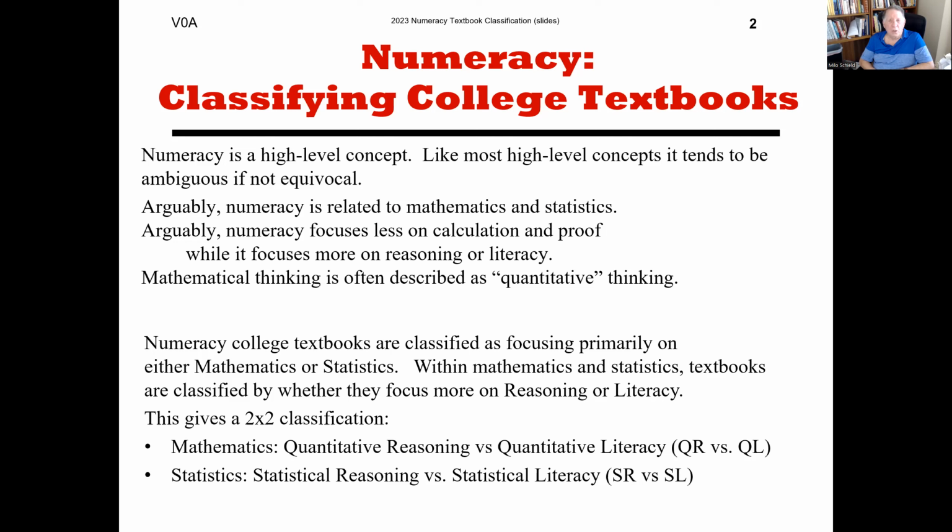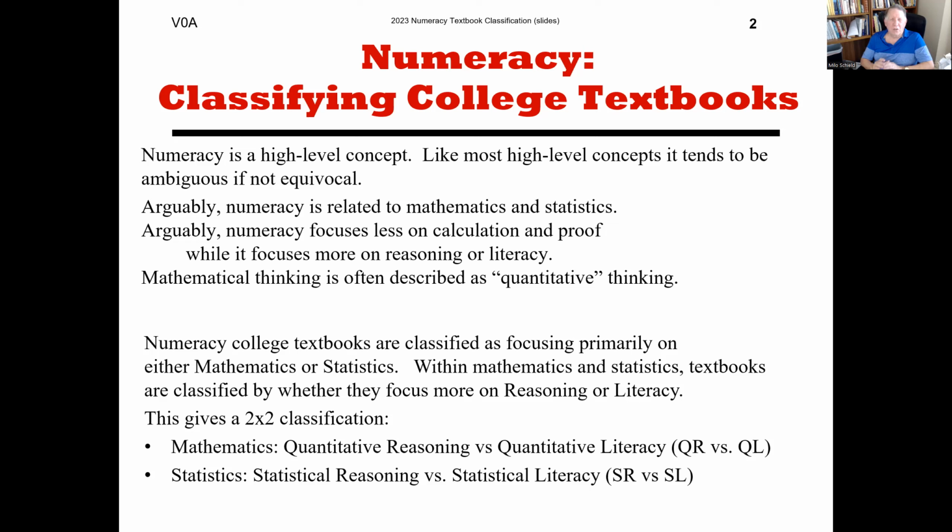And within these two areas, I want to classify them by whether they focus more on reasoning or literacy. Now that's like splitting hairs, but you'll see what I'm about in doing that. This gives a 2x2 classification. Quantitative reasoning versus quantitative literacy for the mathematical approach. Statistical reasoning versus statistical literacy for the statistical approach.